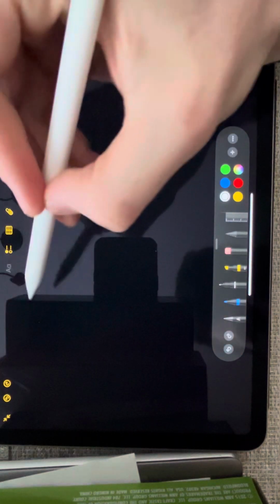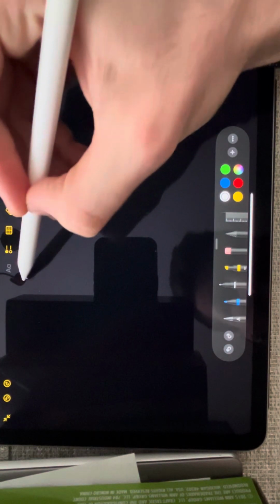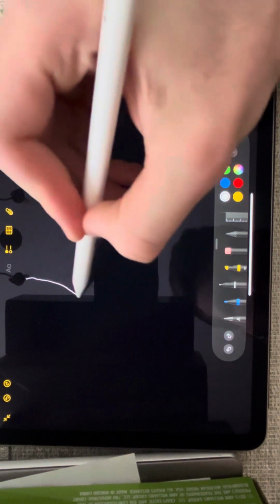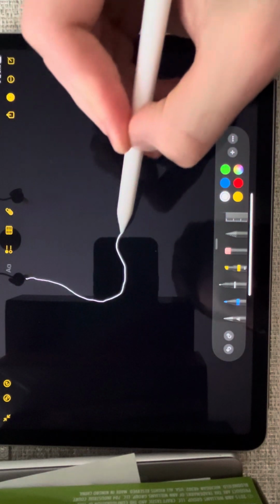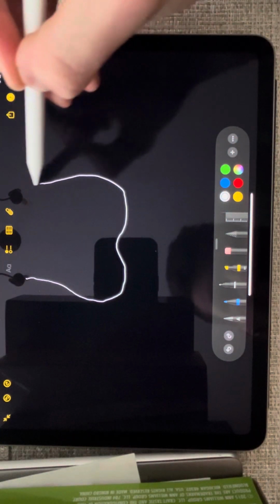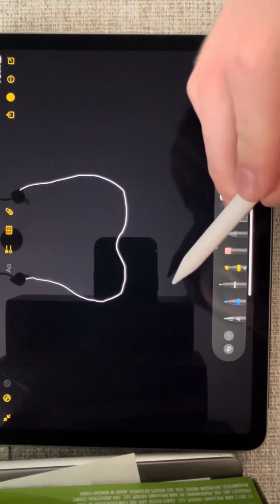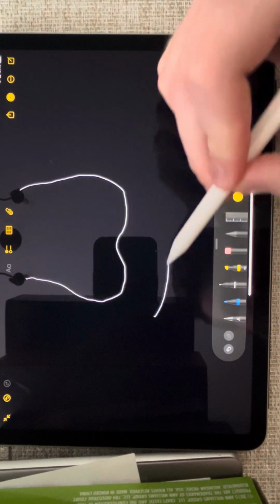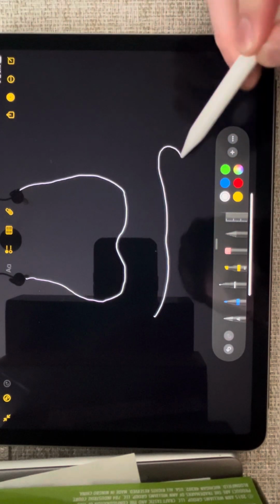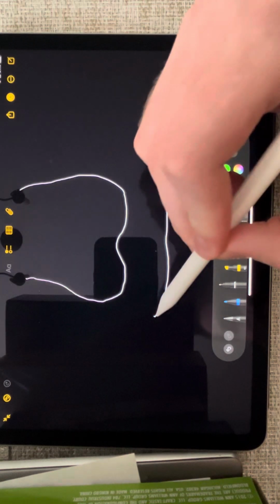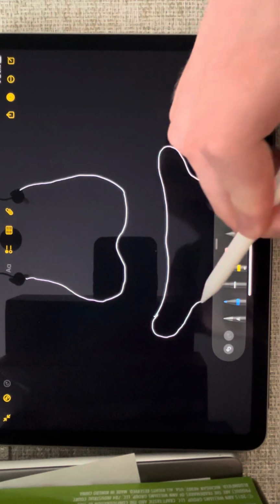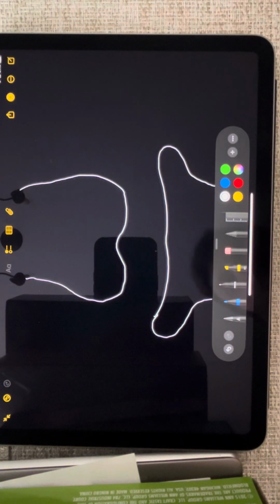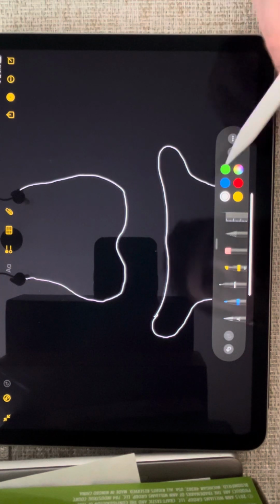So first we're going to draw the pre and post synaptic terminals. And these synaptic terminals are where nerve cells are communicating, or cells in general are communicating.